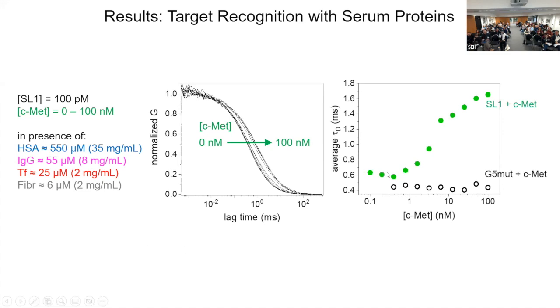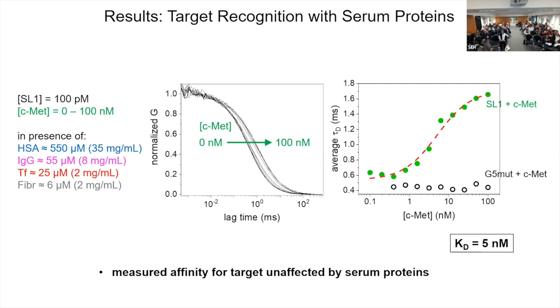Here I plotted the average diffusion time, and this is the control with the non-specific sequence. And this was nicely fit, and actually we got the same KD that we had in pure solution. So we can say that at least for this aptamer, these serum proteins are not interacting at all. So the affinity is unchanged in our measurement.